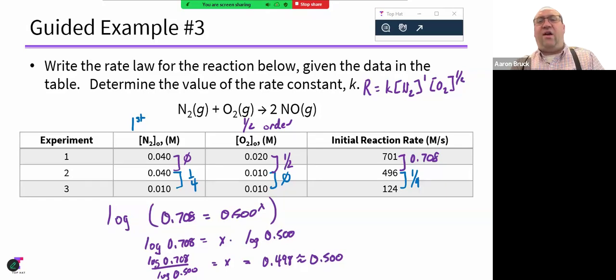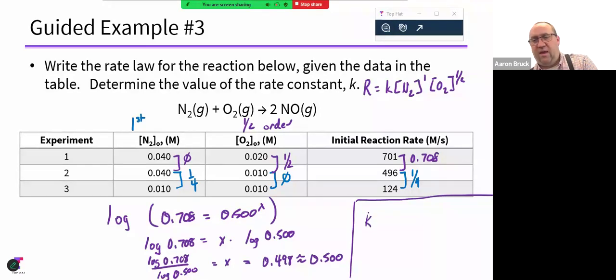Now we're being asked to define the value of the rate constant k. So we're going to have to do a little bit of additional calculation here. Remember, k is equal to rate over the concentration of nitrogen to the first, concentration of oxygen to the 1/2 power.